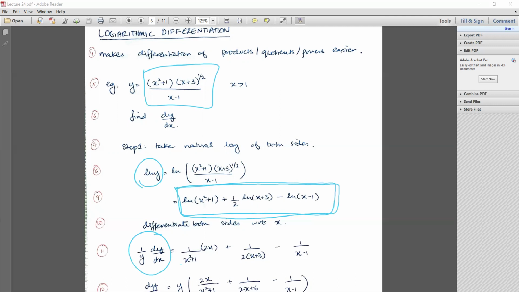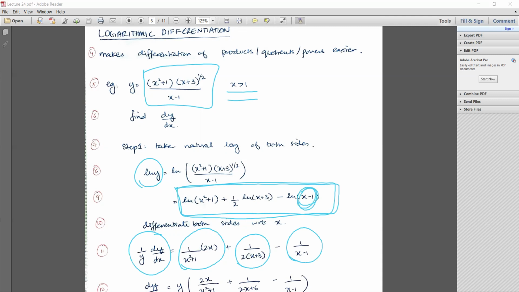The derivative of ln of x squared plus 1 becomes 2x over x squared plus 1. The derivative of ln of x plus 3 becomes 1 over 2 times x plus 3. And the derivative of ln of x minus 1 becomes 1 over x minus 1. Of course, we're assuming that x is greater than 1, so that this argument is positive.